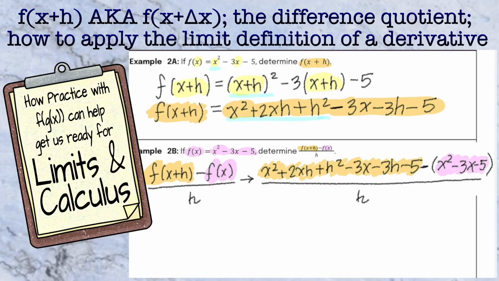Now, what we also want to make sure we do right now is properly distribute that negative. I don't know what students have against doing that, but something.